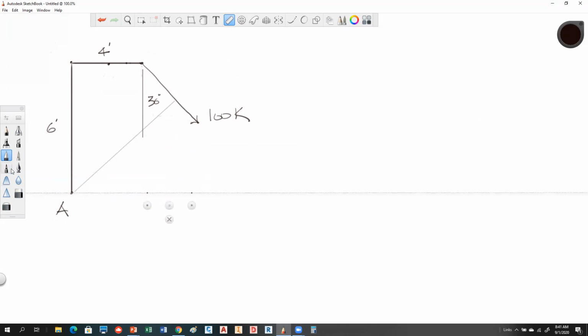So I'm going to draw myself a couple of triangles here. Through some trig, if I drop this guy down, I know this distance is 4 feet.